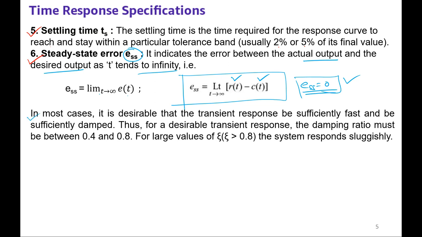In most cases, it is desirable that the transient response must be sufficiently fast and be sufficiently damped. It means we always choose the value of z to lie between 0 to 1. So z can take 0.1, 0.2, 0.3, 0.4 till 0.9. For example, 0.001 or 0.002, then 0.1, 0.12, 0.2, 0.3, and so on till 0.99.